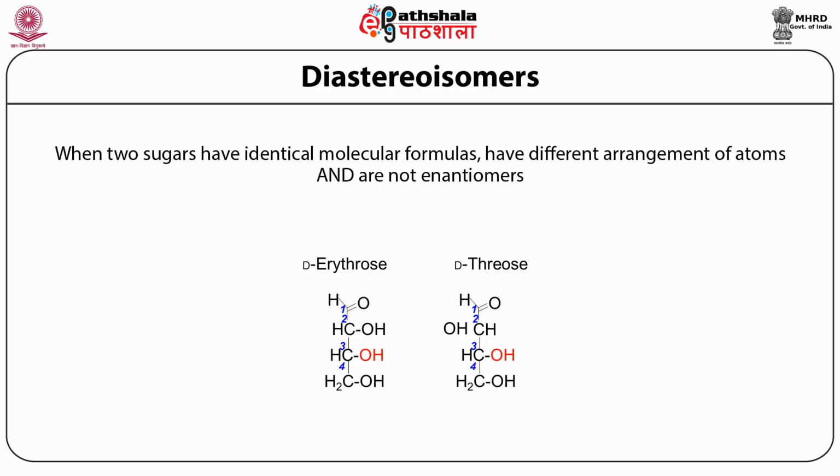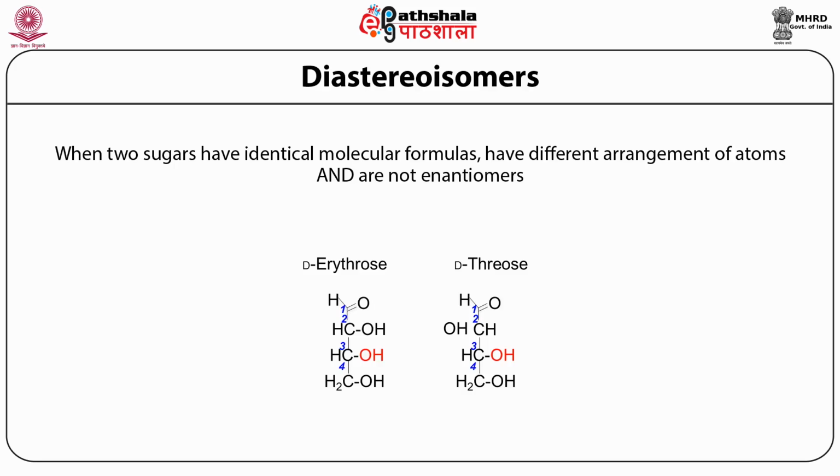If you draw a line in between these two sugar molecules, you will notice that erythrose and threose are not mirror images of each other. So basically anything that is not an enantiomer is a diastereoisomer.